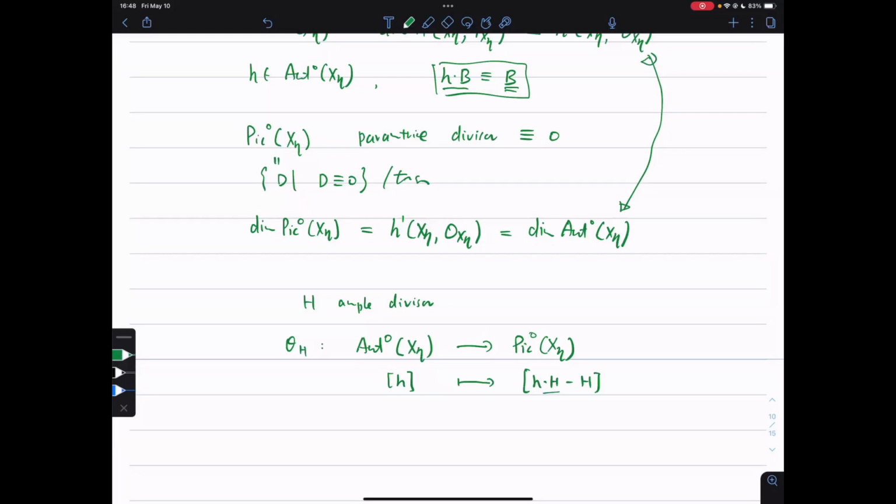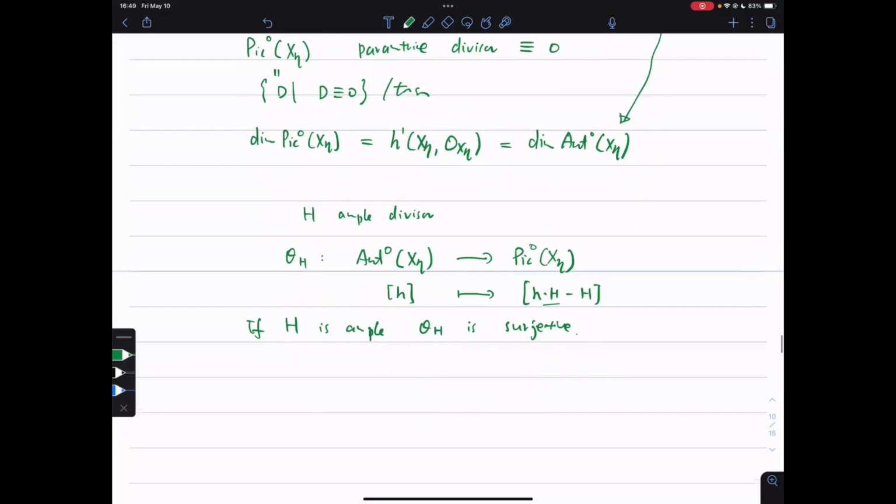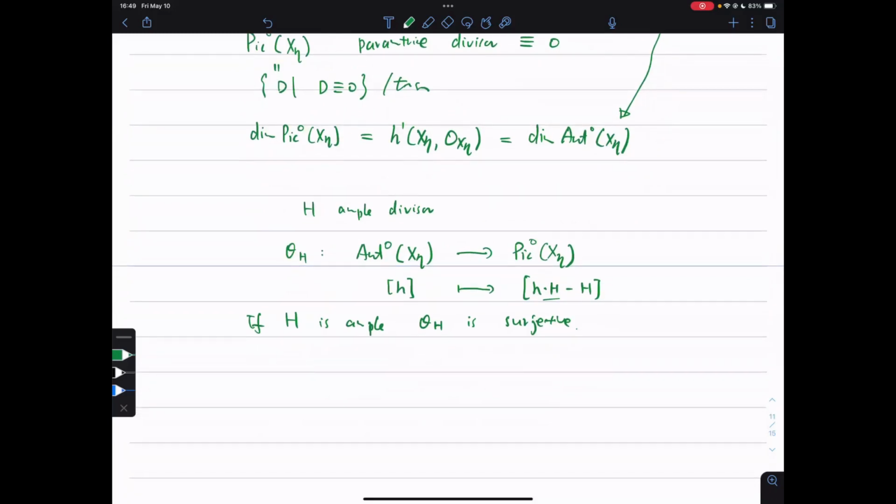Moreover, this can be defined without using ampleness, but if H is ample, this theta_H is surjective. I don't want to prove it here, although the proof is very straightforward.